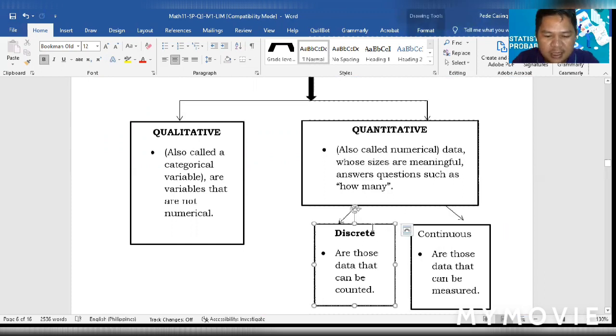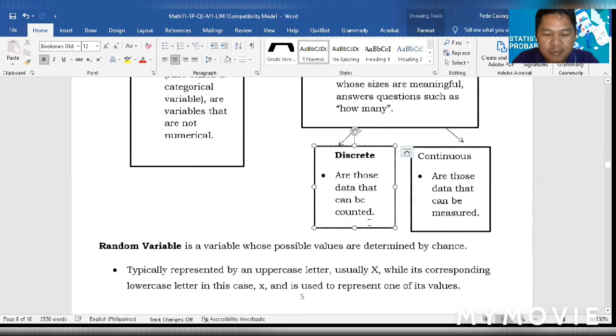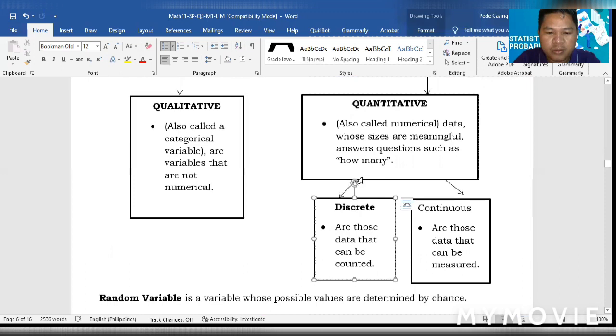Discrete data are those that can be counted, for example, counting the number of students in your section. You can count student 1, 2, 3, 4, 5, 6, so for example 50 students. That is called a discrete variable or discrete random variable.